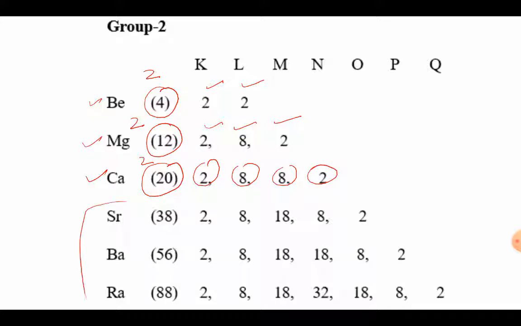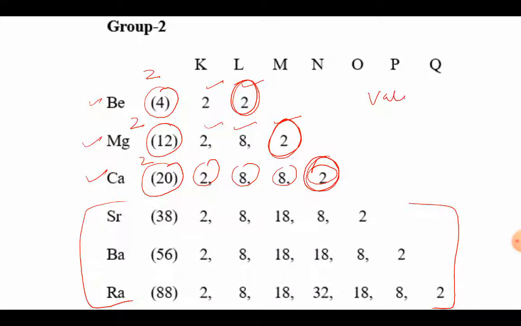Now we may not be sure about the rest of the elements because the atomic numbers are very high. So even if we are not going by these elements, let us just focus on the first 3 elements of group 2. So beryllium, the valence electrons are 2. Magnesium also it is 2. Calcium again it is 2.